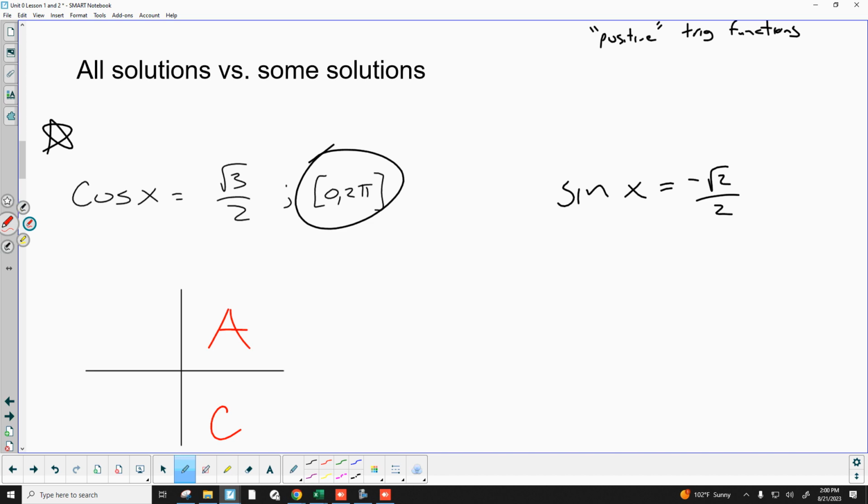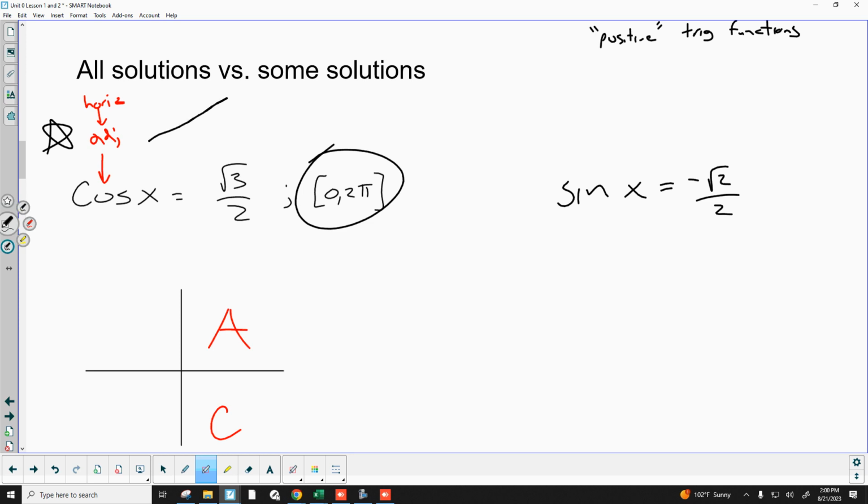Triangle first. Which triangle has the adjacent side or the horizontal side equal to root 3 over 2? Well, I know it's either the short or the tall 30, 60, 90 triangle.